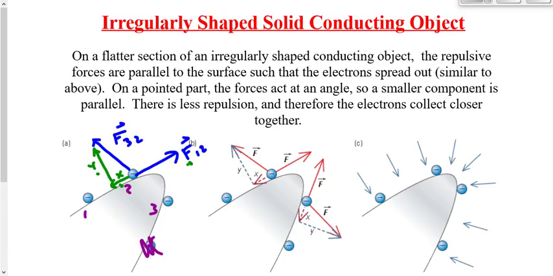So at some point, they're going to balance out, and at that point, they're going to be in a state of static equilibrium. So everything's going to stop. What does the distribution end up looking like when they reach that point of static equilibrium? Well, the excess charges are on the outer surface, like you see in this third diagram here, and they're not evenly distributed now, but rather there's a higher concentration at the tip.